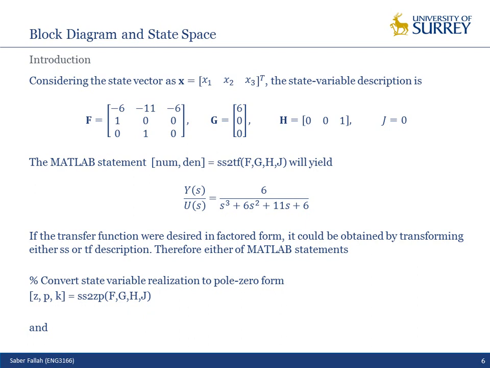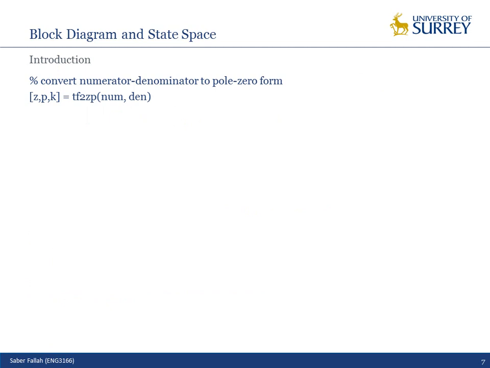Okay? Or if you have a transfer function, you can use the command tf2zp, with numerator and denominator, to find the poles and zeros of your system.